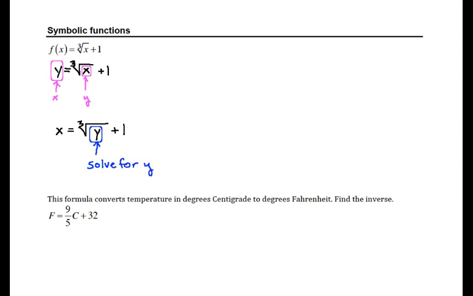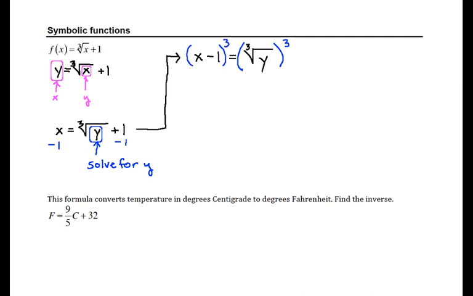We'll start simple. That plus 1 we can move to the other side by just subtracting 1 from both sides. So that is going to give me x minus 1 is equal to the cube root of y. And then I again focus on where my y is. It's inside a cube root. The way that I would undo that cube root is by raising both sides to the power 3.